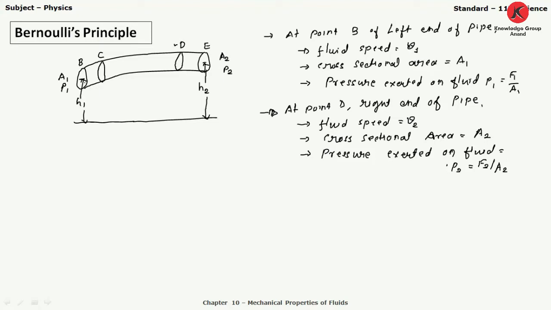Force F1 is exerted on the fluid at point B. I repeat, if the fluid is passing from point B, then force F1 is exerted on the fluid at point B. So I am writing over here force F1, which is equal to P1 into A1, exerted on the fluid at point B.